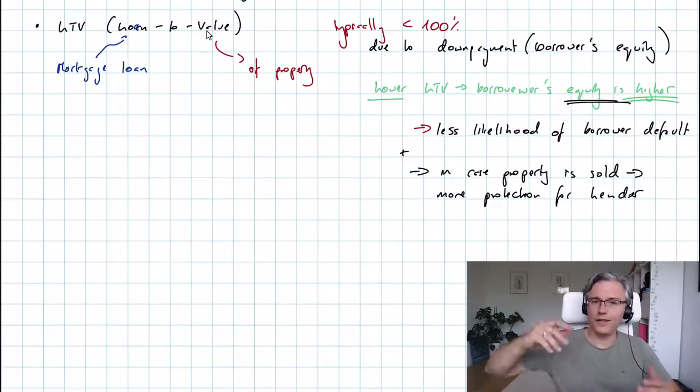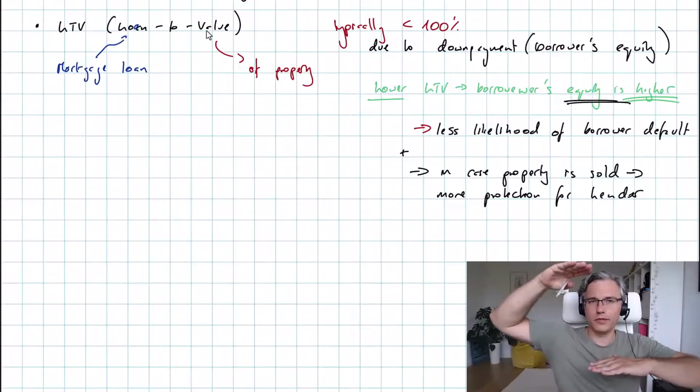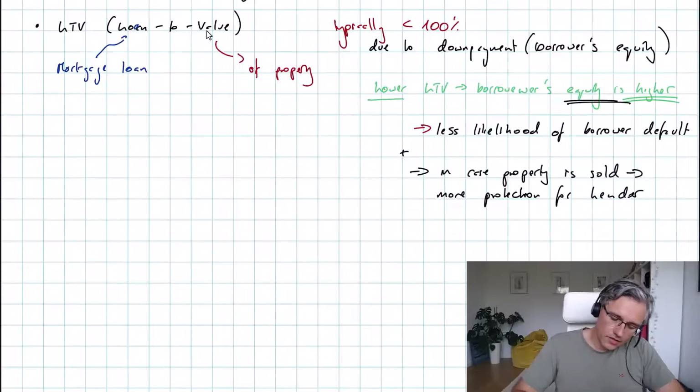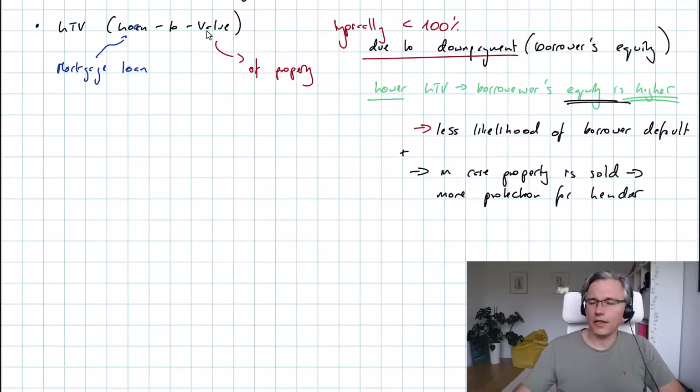Right, because the property value is supporting less of a loan with more equity in the transaction. So as I said, initially, the fact that we have an LTV that's lower than 100 typically is due to the down payment.